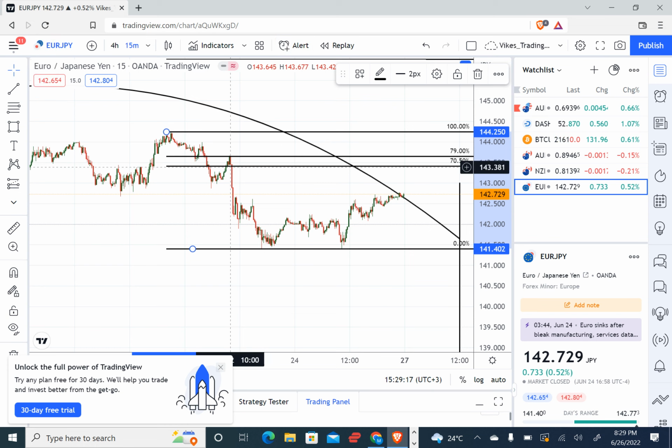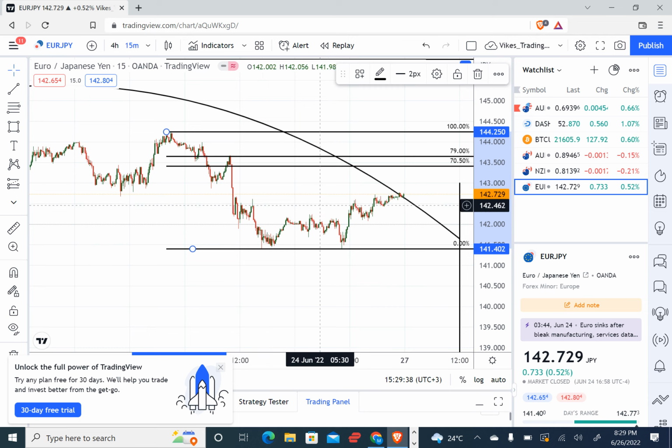So in this case, you can see this OB right here aligns with both the 79 and 70.5 Fibonacci levels. Then you can see after this OB there was a very sharp bearish move. You can also see there are levels of imbalances that haven't been filled.